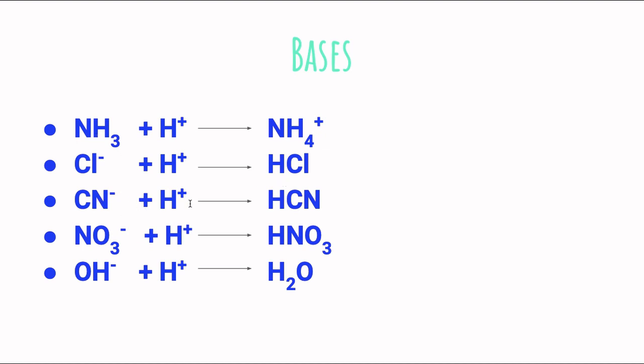CN minus, it is a radical. By accepting proton, it gets converted into HCN. So CN minus is a base. NO3 minus ion, by accepting proton, gets converted into HNO3. So NO3 minus is a base. OH minus ion is also a base, because by accepting proton, it gets converted into H2O.